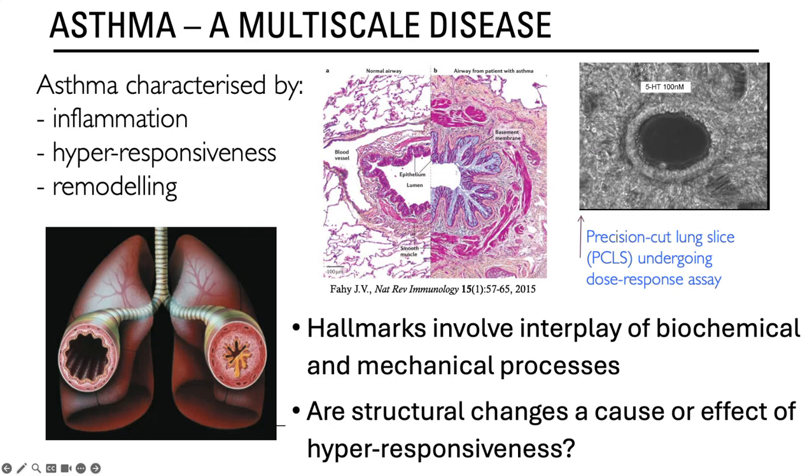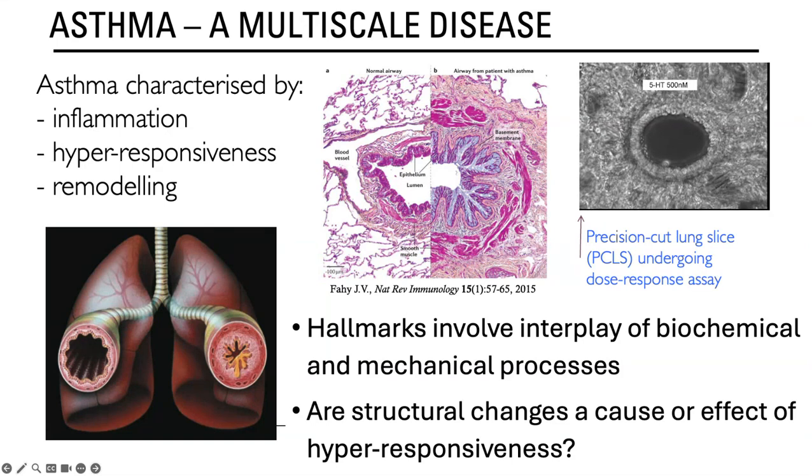Hyper-responsiveness refers to the rapid contraction of the airway in response to much lower doses of a contractile agonist that gets released as a consequence of that inflammation. Then over longer periods of time, we get what's called airway remodeling, which is structural changes to the smooth muscle, the extracellular matrix and a bunch of other things.